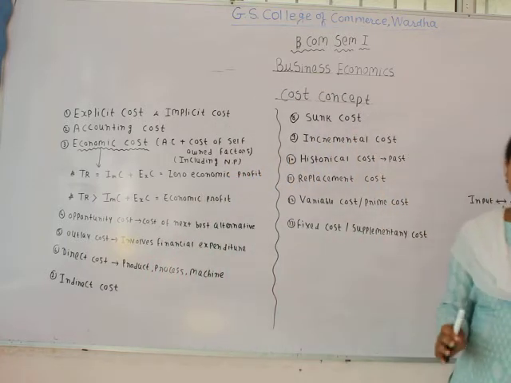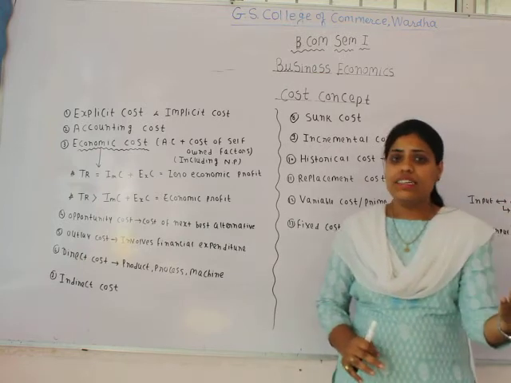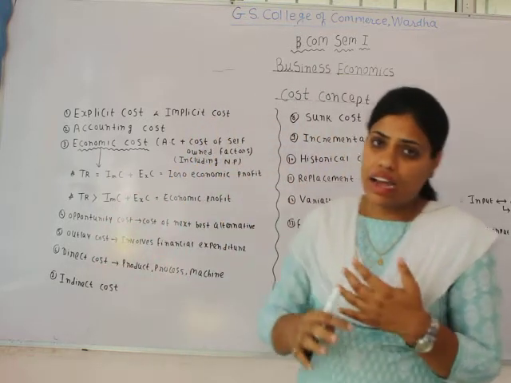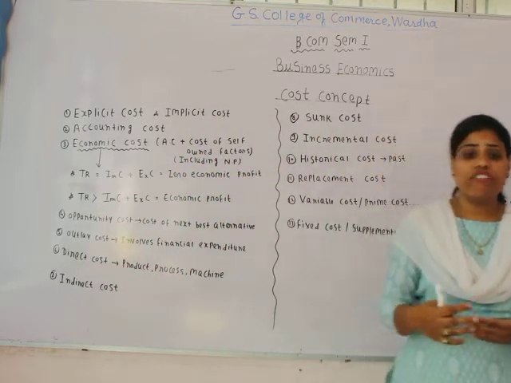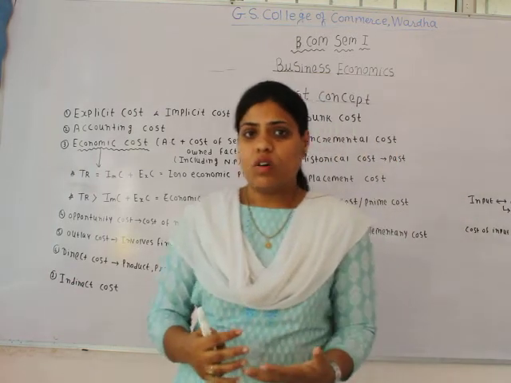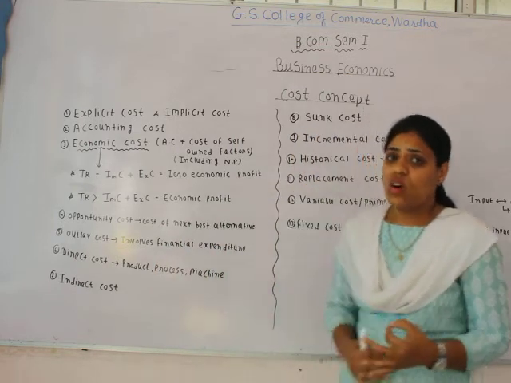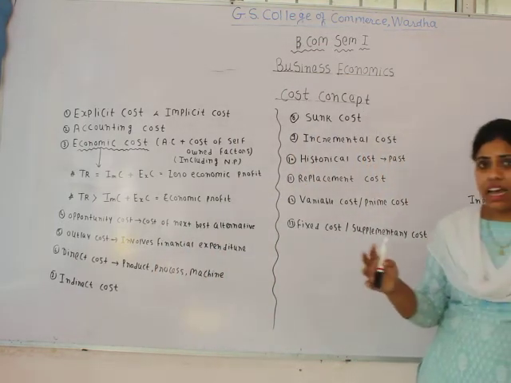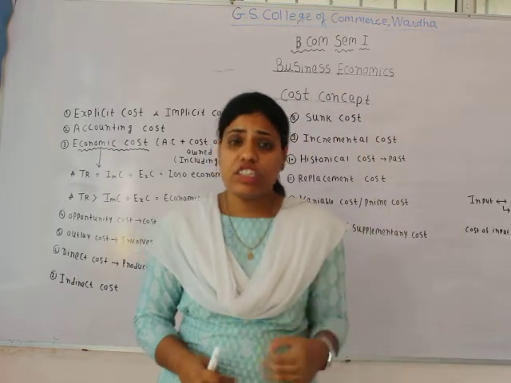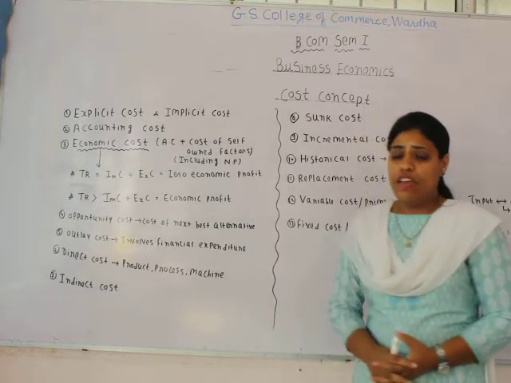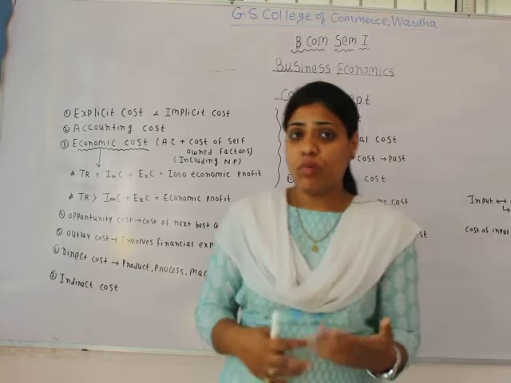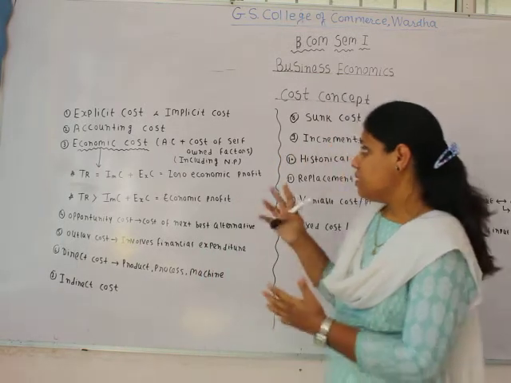But if I would have used another's flat, I would have rented some house outside, so I would be in need of making payment of the rent of that flat, right? So it is the implicit cost. Implicit cost is a cost which is not being paid by the entrepreneur actually, but it is a cost. If he would not have used his own resources, if he would have to employ resources from the outside, he would have to pay that cost. So this is implicit cost.